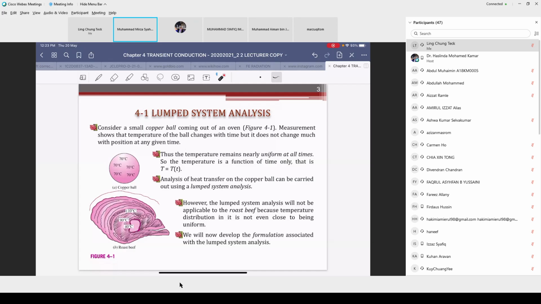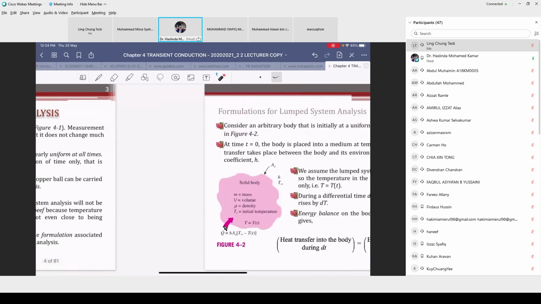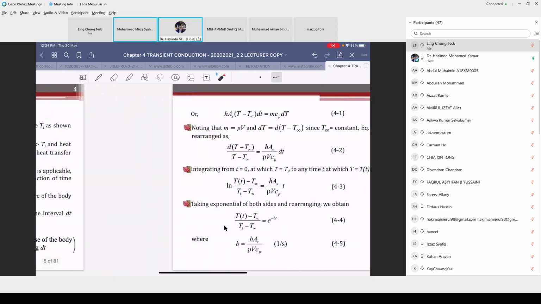Maybe because it's small enough, meaning that the temperature is uniformly distributed. It must be really small lah. Tak lah small sangat, not really tiny lah. Tiny is better, but it has a certain limit. But we can measure whether it is suitable or not to use lumped system analysis. Yeah, okay. So bagus, thank you.